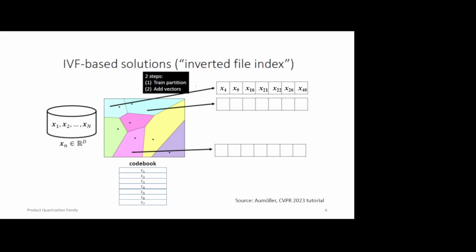For example, X4, X9, X16, all these data are located in this cell, so we build an inverted list file here. Each cell gets a list file. We call this structure an inverted file index. This structure can help us speed up the search.